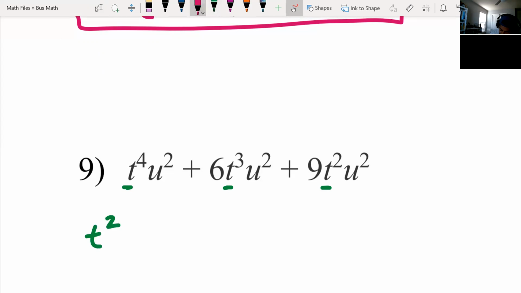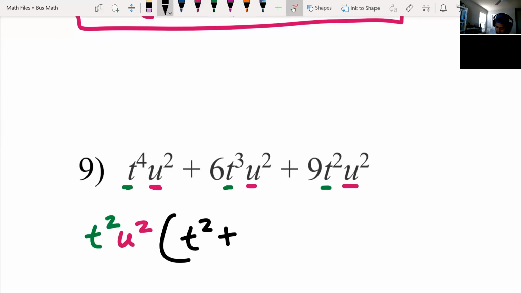Good. And now, what would that leave me with inside? T squared plus 6t, plus the 9.